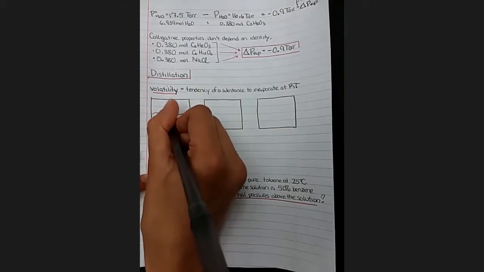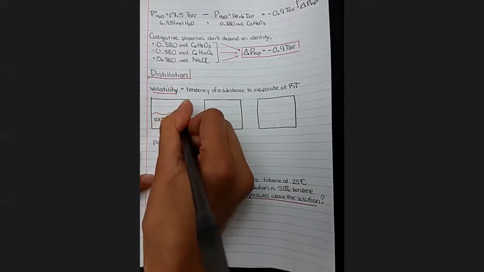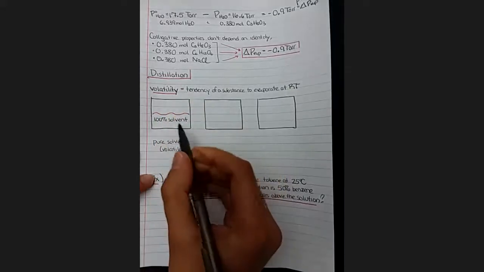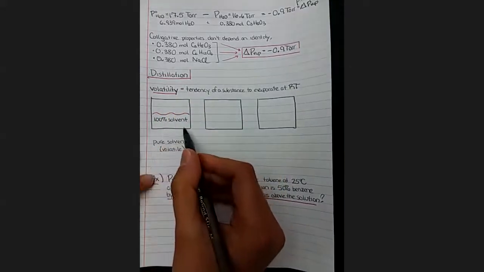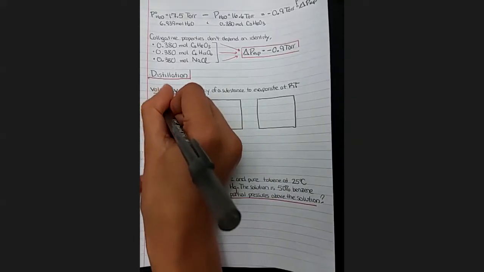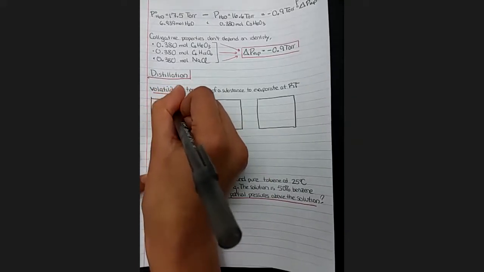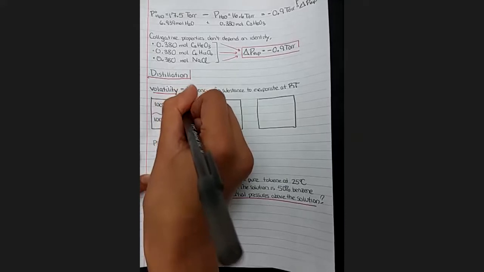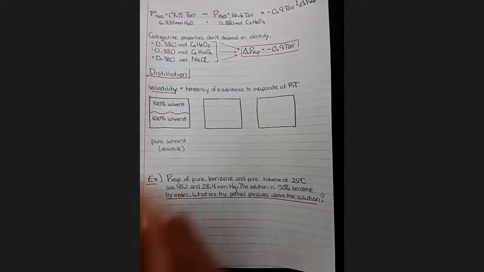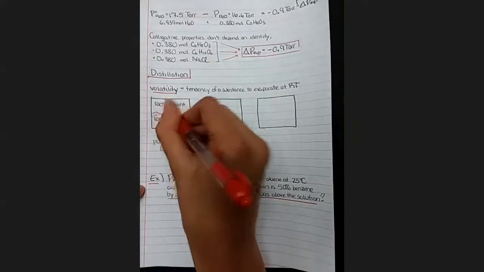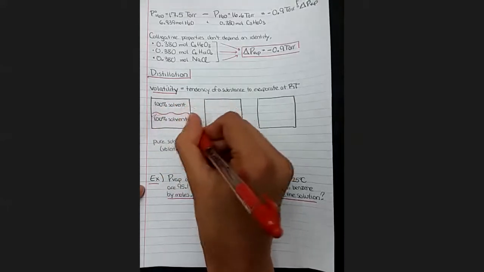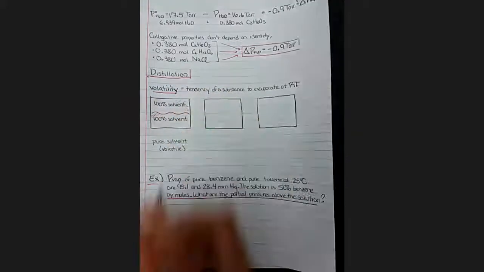And so the liquid is going to be 100% solvent because there's just one thing, one liquid. And if this is a volatile solvent, some of it is going to volatilize into the gas phase, which means it is going to be 100% solvent in the vapor phase as well. So everything is solvent and all of the vapor is solvent.